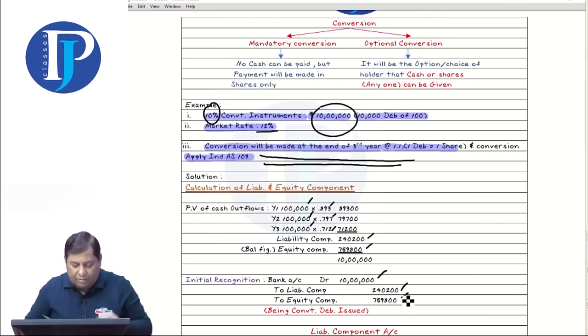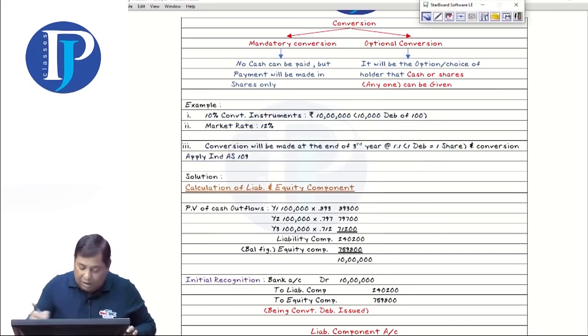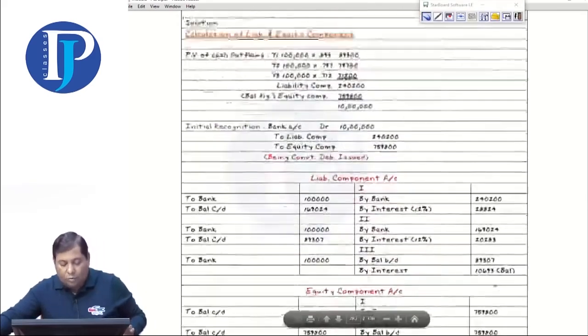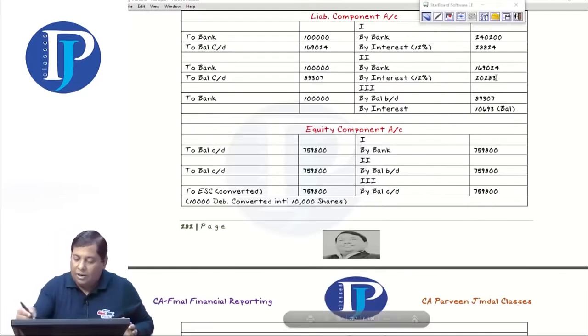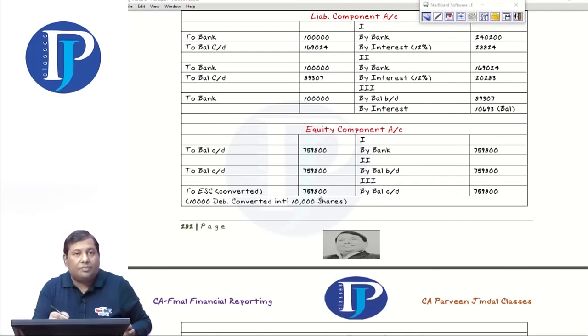Then we passed this entry by doing a split off of 10 lakh debentures. This is the initial recognition, and then we created an account of the liability component. I clearly explained to you how the working is done. It was due, we paid, then again, therefore the account is closed. Now this equity component is left, we will convert it.